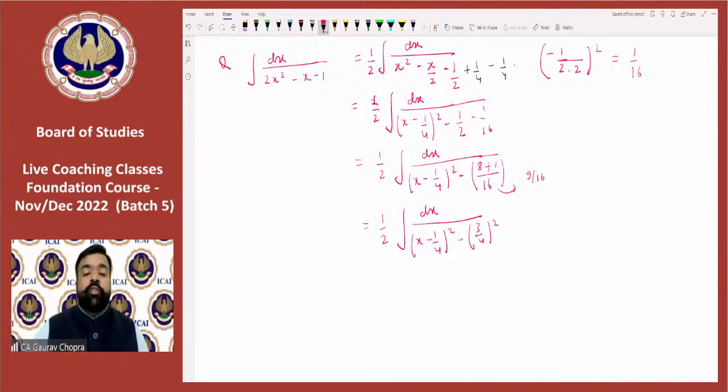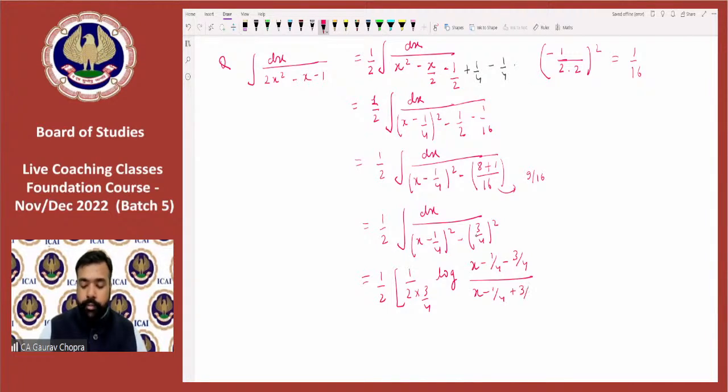Now we can apply the formula of integration 1 by x square minus a square. So let us apply. 1 by 2 will remain as it is. Now what is the formula? 1 upon 2a. In place of a we can write 3 by 4, then log of x minus a divided by x plus a.